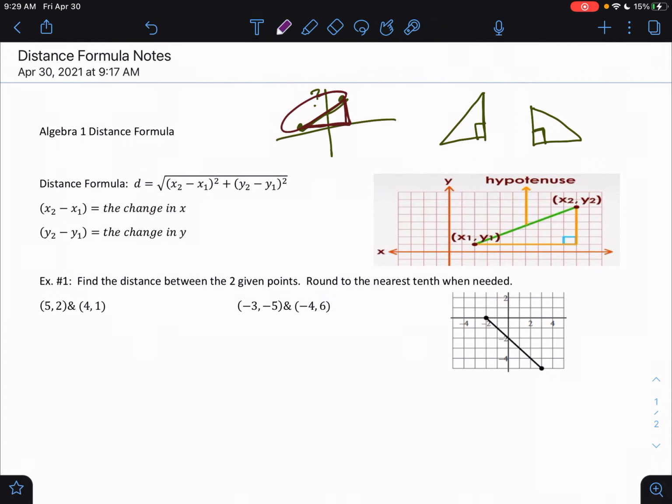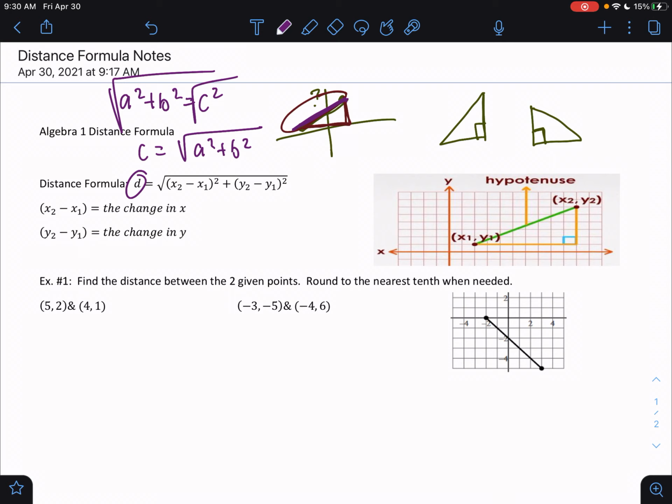So if we have the Pythagorean theorem, a squared plus b squared equals c squared, and we want to solve this for c, which c would be the distance between these 2 points, which we call d here, we could take the square root of both sides, and we would get that c equals the square root of a squared plus b squared.